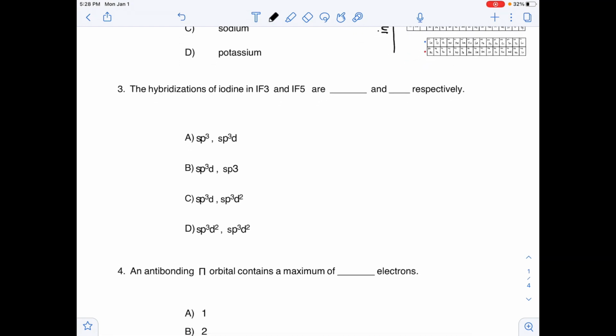For 3, it says the hybridizations of iodine in IF3 and IF5 are blank and blank respectively. The Lewis structure of IF3 is going to be I with 3 fluorines attached to it, and these are going to have the full 8 electrons. Then you're going to have 2 lone pairs surrounding the iodine, and that's for IF3.